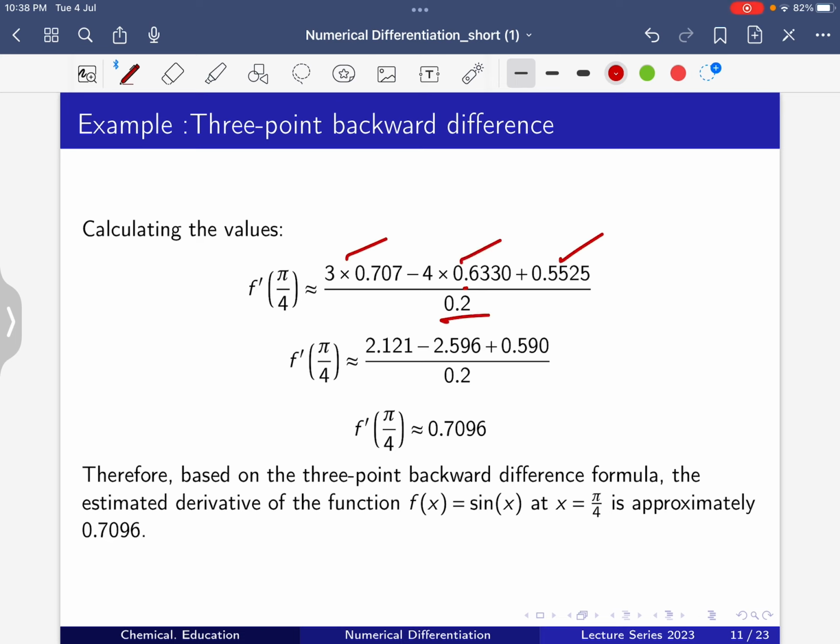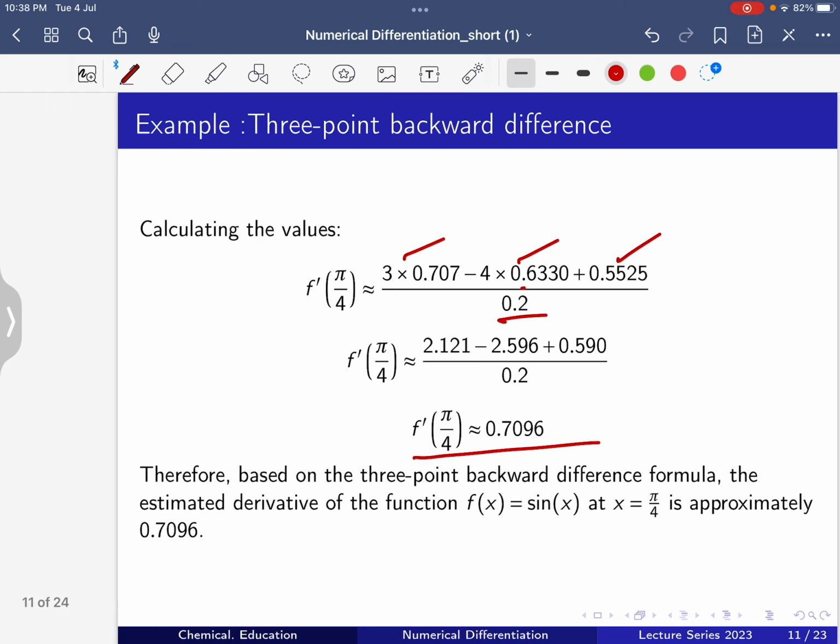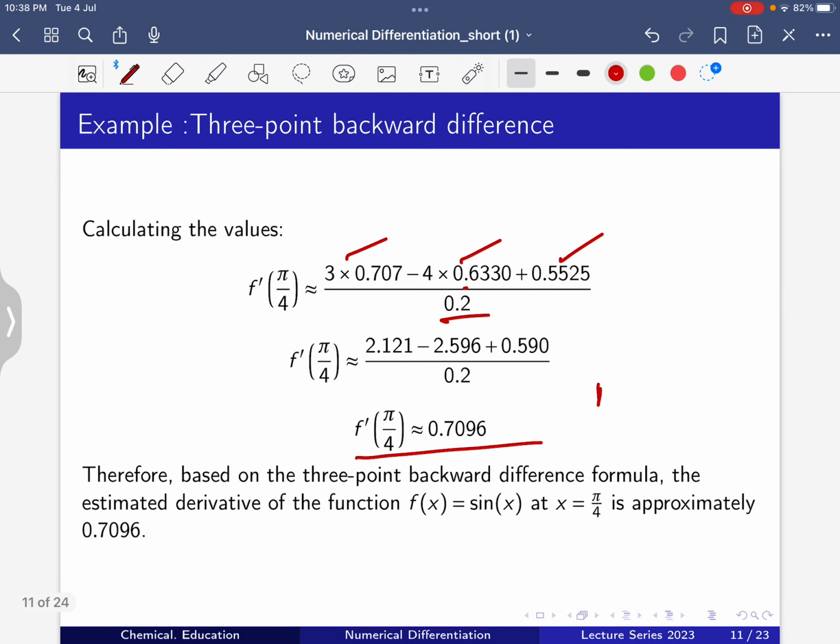I think I did it correctly. Ultimately we get f'(pi/4) = 0.7096, and analytically we got 0.707. You can see that the result is nearly the same and our error is very small.